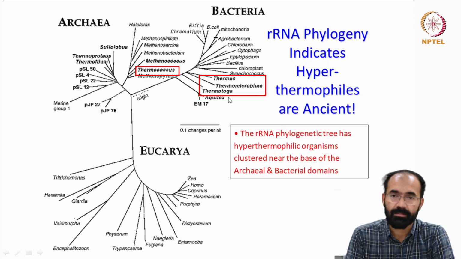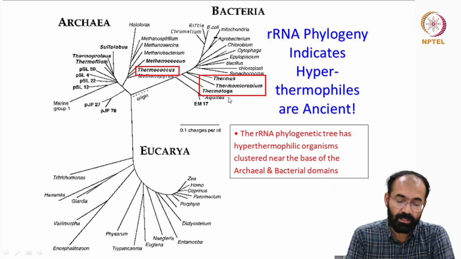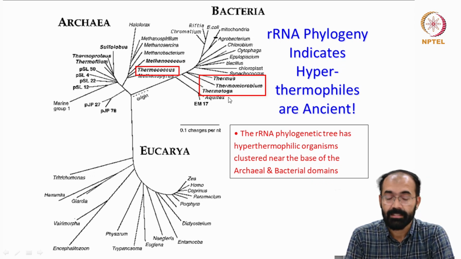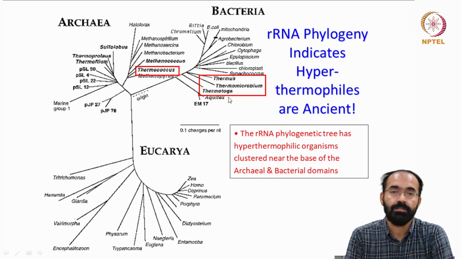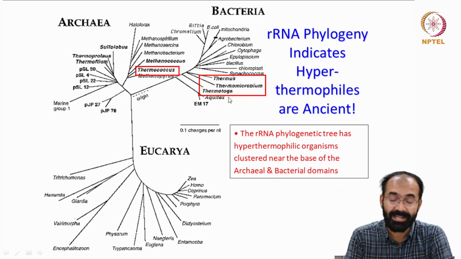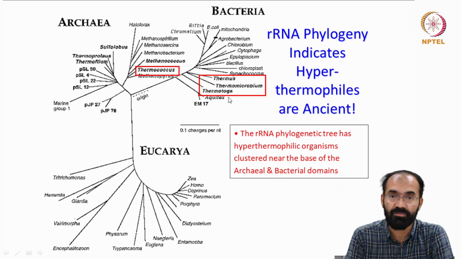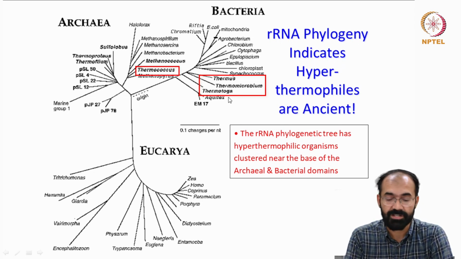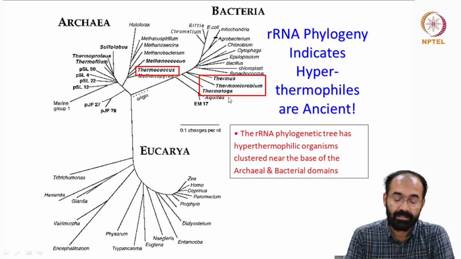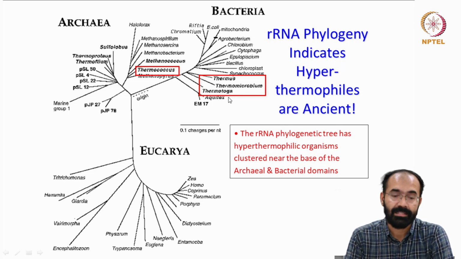If you look at ribosomal RNA phylogeny, it reveals that the high temperature organisms, thermococcus and thermus, these bacteria, prefer a very high temperature environment. And in this situation, it seems that they are more related. They have more genetic similarity compared to the rest of the bacteria.